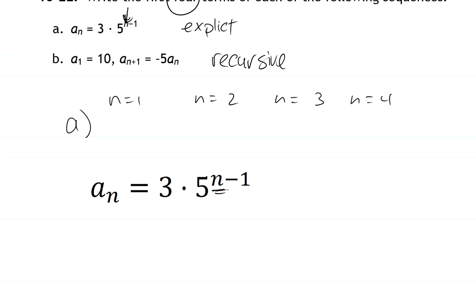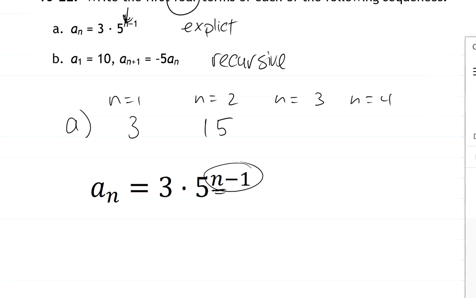So I'm going to be plugging in values for n and calculating it. When I put in n as 1, this becomes 3 times 5 to the 0 power, which is just the number 3. That's 3 times 1. If I plug in n as 2, the 2 minus 1 becomes 1, so that's 3 times 5 to the first, which is 15. You can see each time I move forward here, I'm multiplying by the number 5.